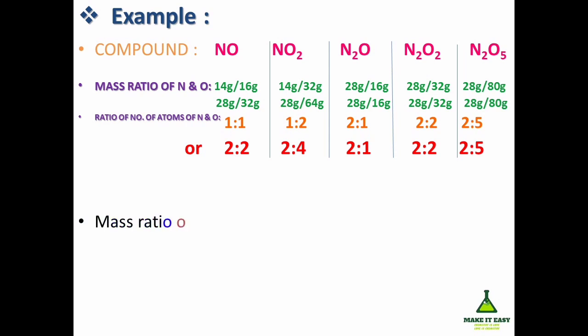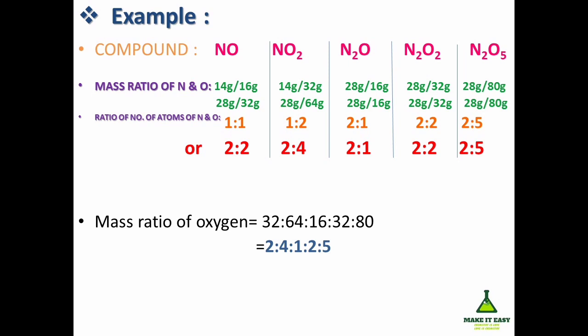Now the mass ratio of oxygen in all 5 cases will be 32:64:16:32:80. To reduce it, we can divide by 16, and we will get 2:4:1:2:5.